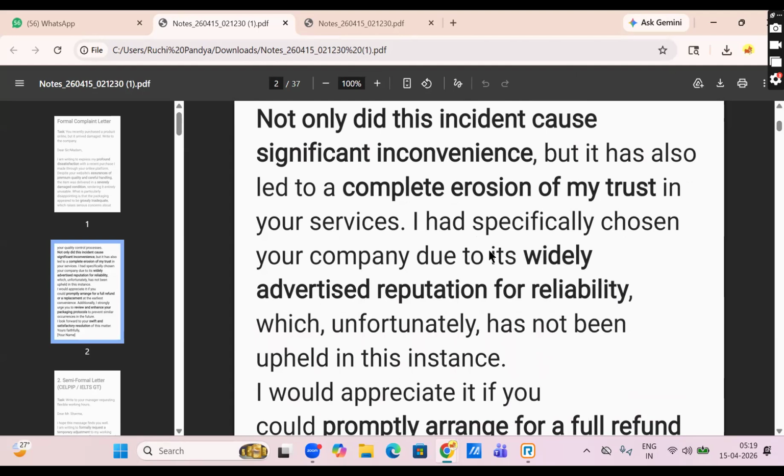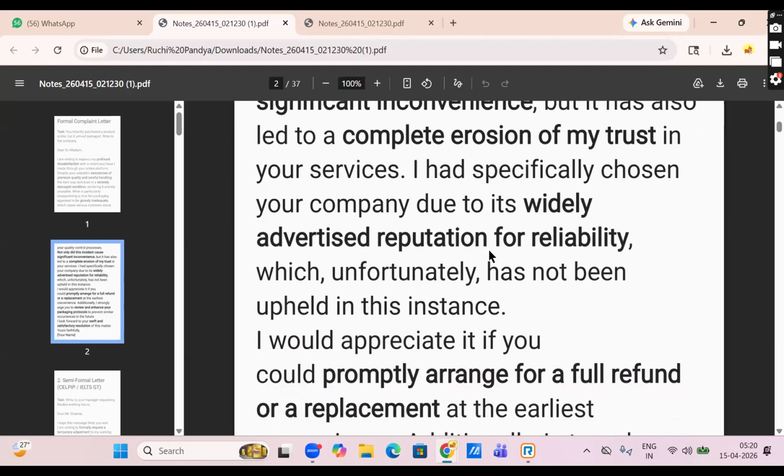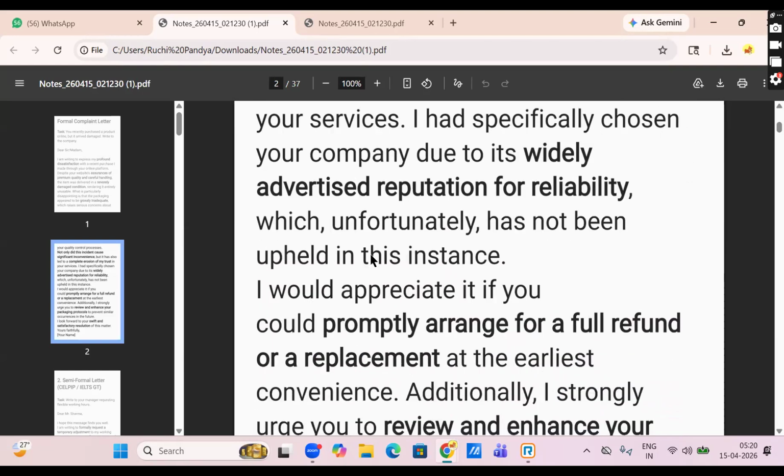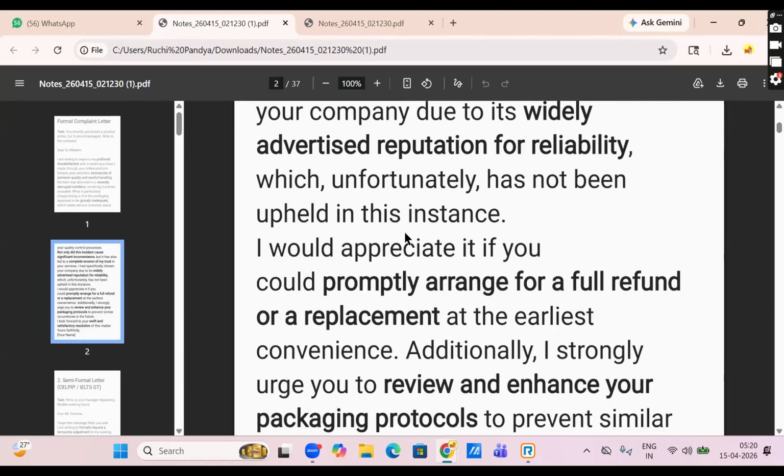So I had specifically chosen this company due to its widely advertised reputation for reliability, which unfortunately has not been upheld in this instance.